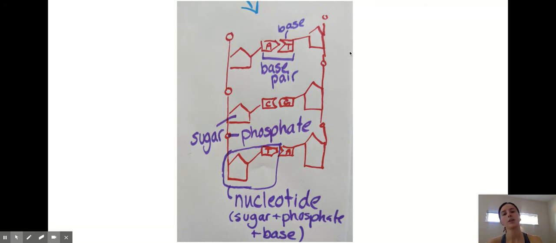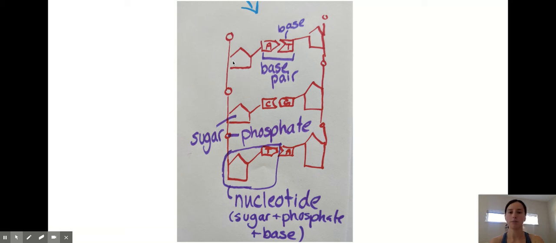All right, so the molecular structure of DNA, you have got bases. Bases pair together and they form those ladder rung parts. So we've got bases forming base pairs, and you can see these have letters. I'm going to explain what those are afterwards.